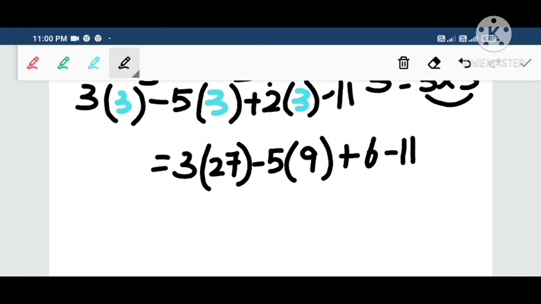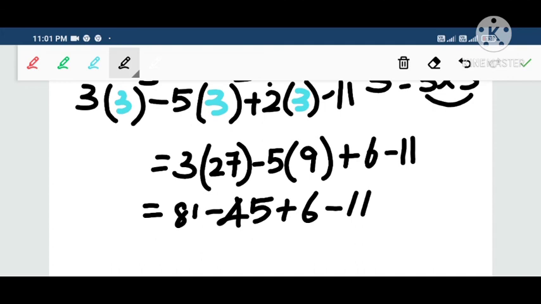Next, normal multiplication, concentrating on the symbols. Plus into plus becomes plus only. So 3 into 27: 3 7s are 21, remaining 2, 3 2s are 6, 8, so 81. Plus into minus, minus, 9 5s become 45, and plus 6 minus 11. Now I mark the negative values in red.